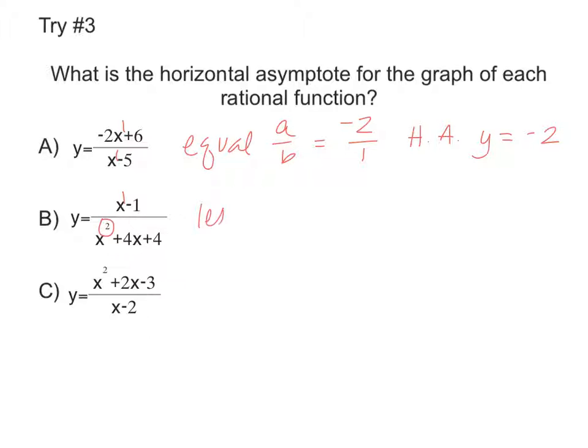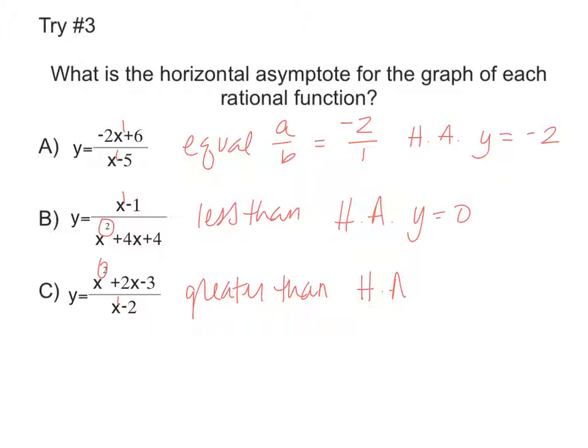So that's less than, and less than is a horizontal asymptote of y equals 0. Okay, 2 over 1, that's obviously greater than. So that horizontal asymptote is none. There isn't one.